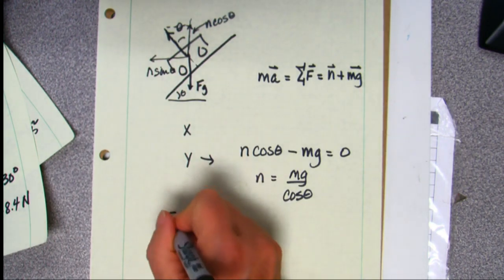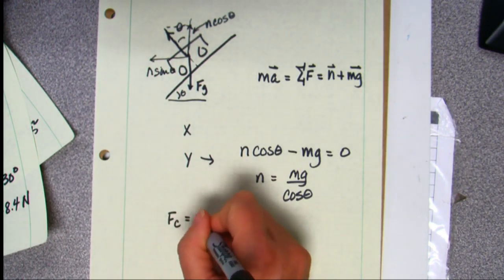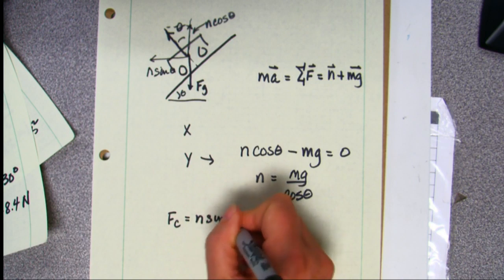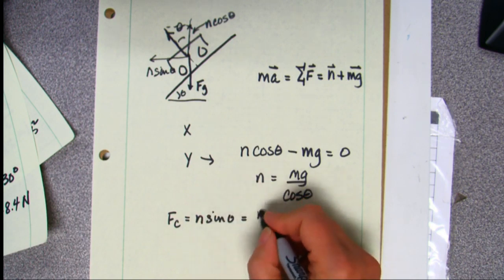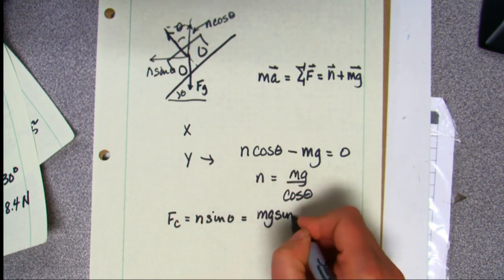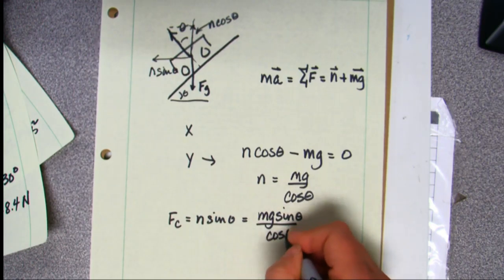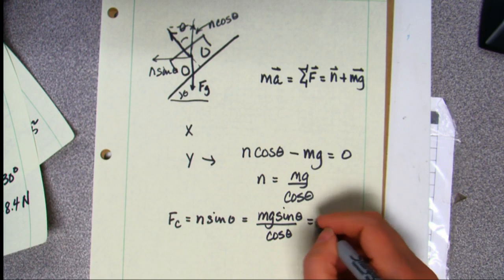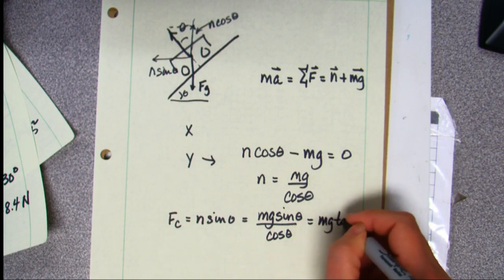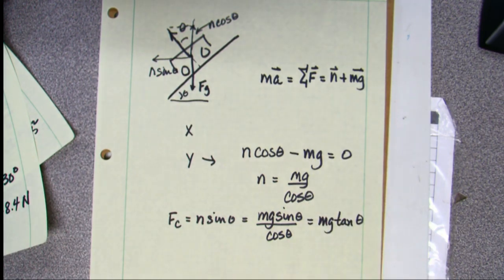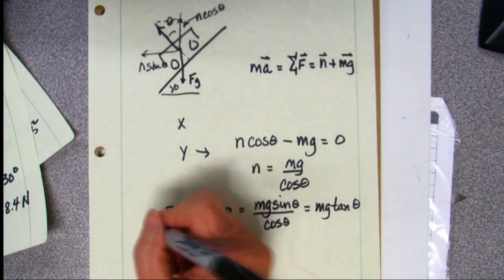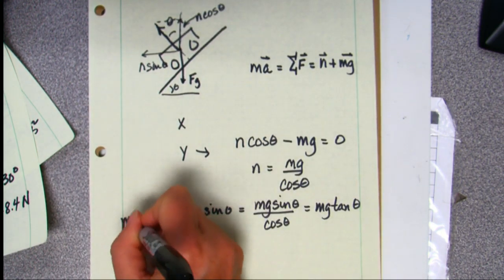I end up with my centripetal force equal to the normal force times sine of the angle, which equals mg sine of my angle divided by cosine of the angle, which gives me mg tangent of the angle. And this is equal to m a_c.